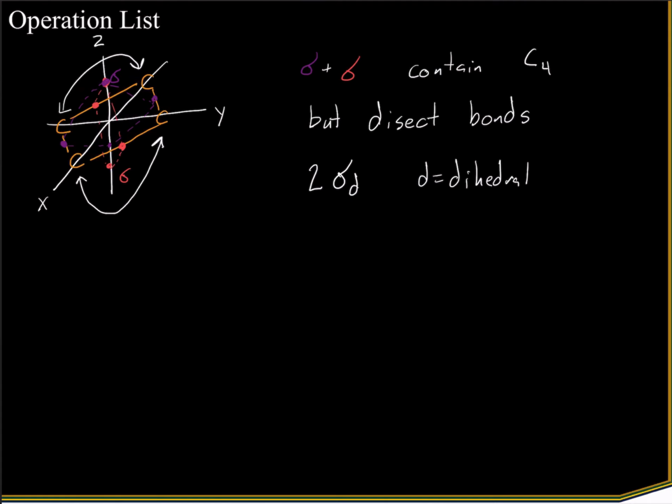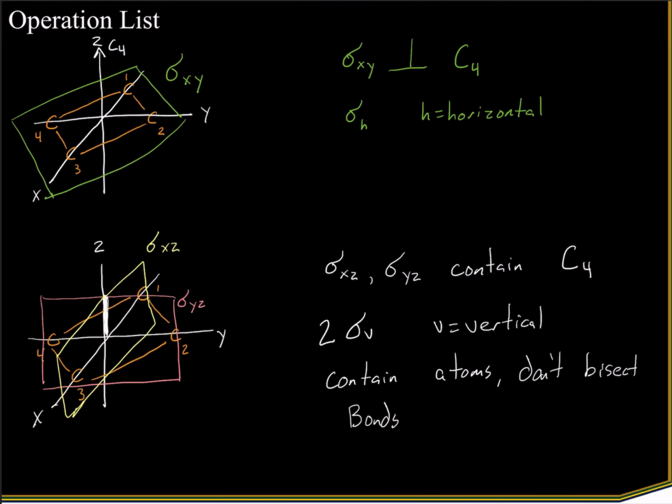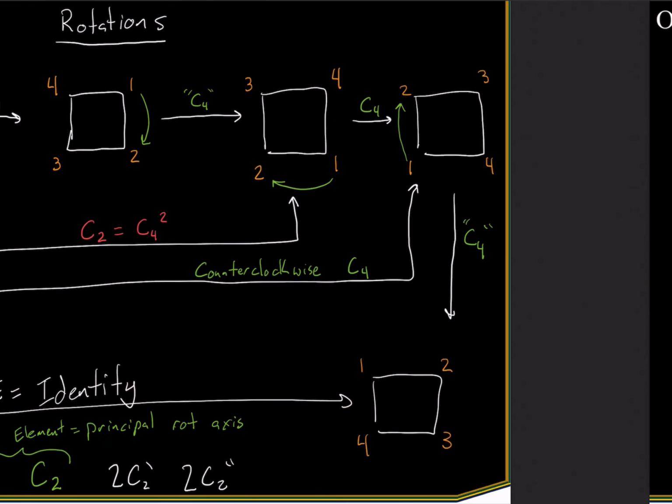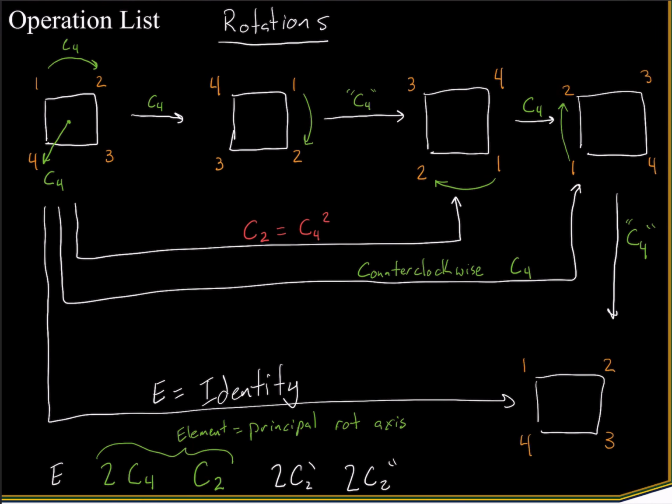And so far, for this list that we've compiled, this now contains all of our symmetry operations that are proper rotations and our reflections, right? So if we're just going to tally up all proper rotations and our reflections on this list, we would now also have a sigma H, 2 sigma V, and 2 sigma D. All right, so this is now our growing list.